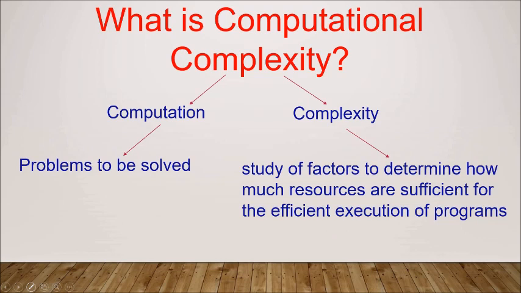See, the execution should be efficient. It means proper result we should get through the proper use of resources. If a program is developed in such a way that more number of resources or a lot of time is needed for execution of that particular program, so the program is not effective.